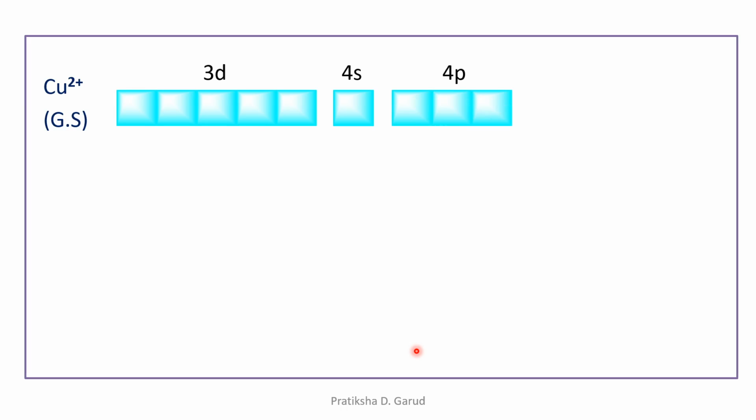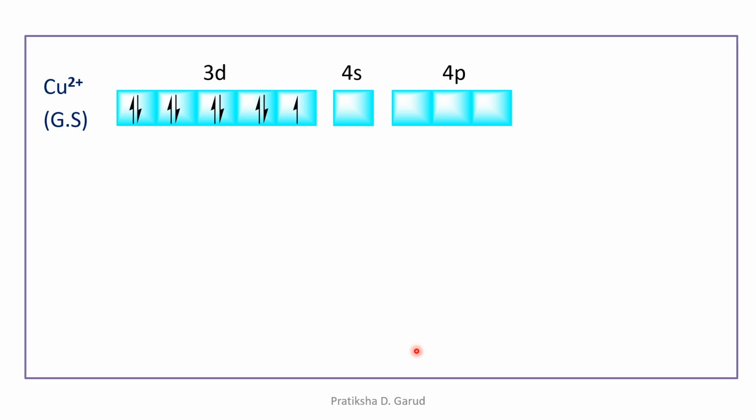So we have to put the 9 electrons in the 3d atomic orbital. The first, second, third, fourth and fifth are unpaired. Then the 6th, 7th, 8th and 9th will be paired. So these are the 9 electrons in the 3d atomic orbital, whereas the 4s and the 4p are vacant.